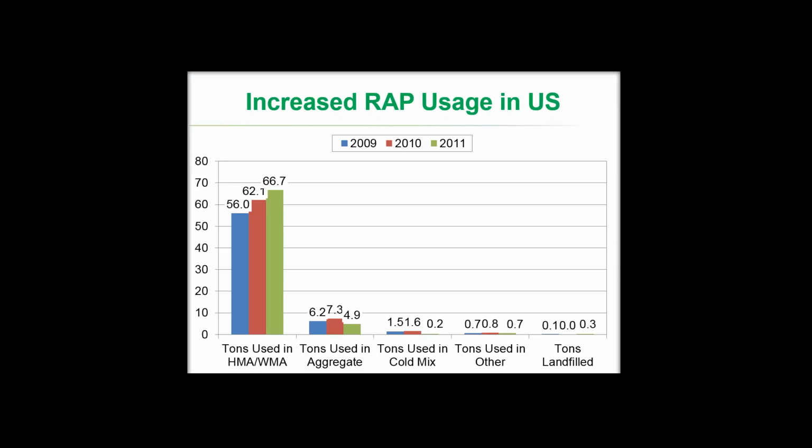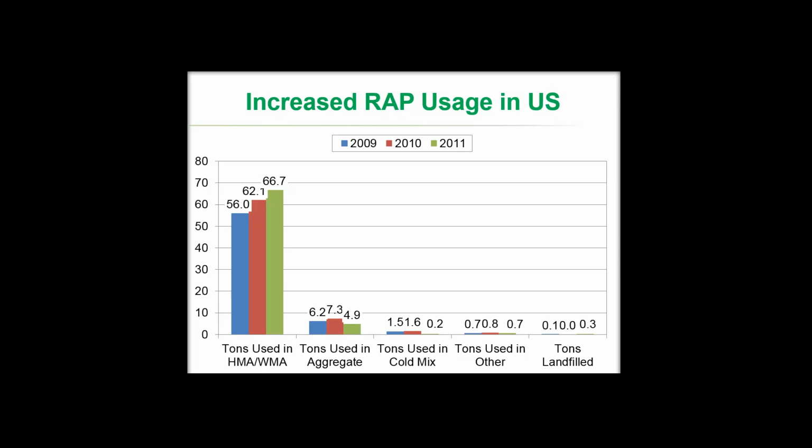This is pretty clearly recognized out there, and we can see that most of the RAP that's produced out in the United States a few years back, and I believe the trends are probably continuing to grow, is used in new hot mix and warm mix mixes. A much smaller amount is used for next higher use as aggregate.